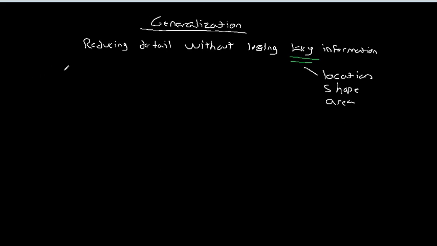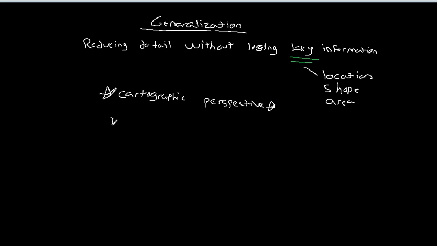So when it comes to generalization, I just want to be clear that generalization occurs when we're thinking from the cartographic perspective. It's always important to keep in mind which type of scale you're talking about.